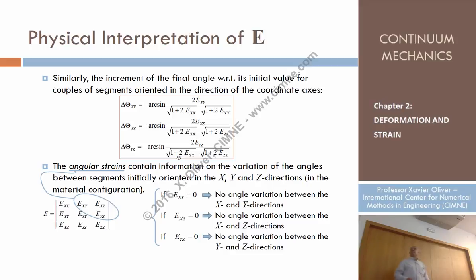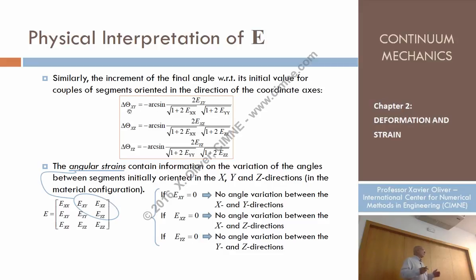Okay? So, what is the final decision? Imagine that we are given a strain tensor. Imagine that we find that this term is 0. What can we say if this term is 0? That means that segments that at the reference configuration were oriented in the x and y directions have an increment of the angle of 0.